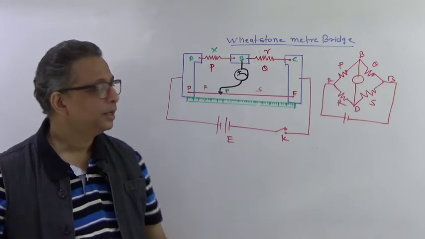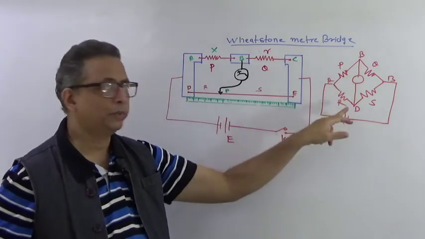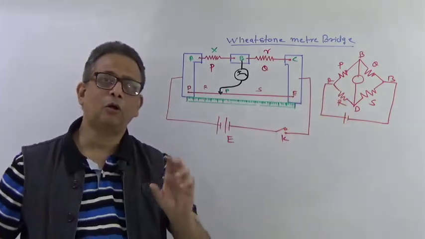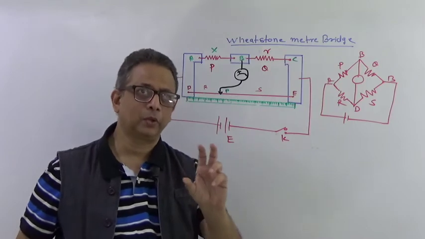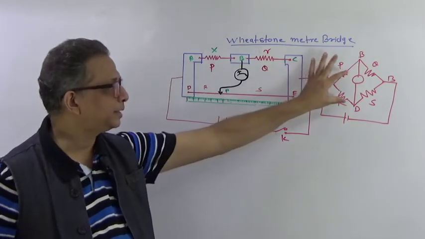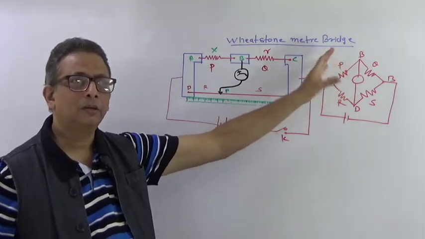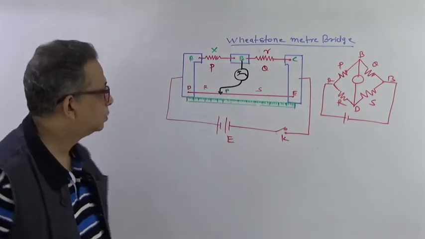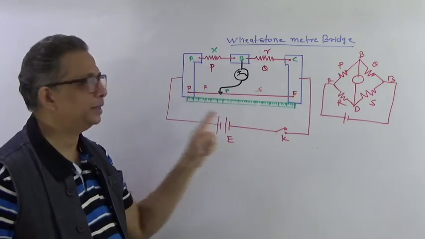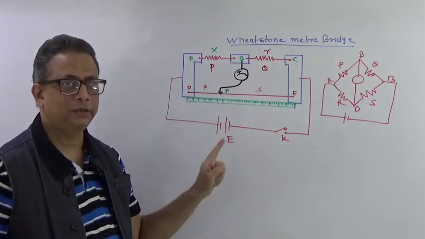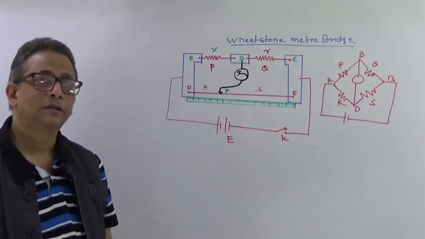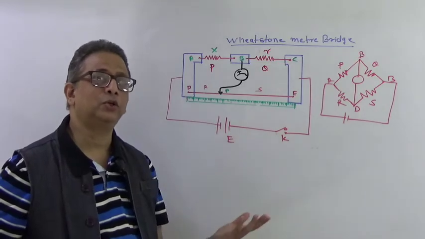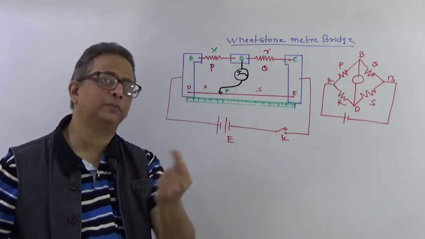But if a galvanometer is connected to measure the current, it also has its own resistance, so it not only acts like a resistance in that arm, it also shows the current flowing through it. When the bridge is balanced, the galvanometer current will show 0, and it will only happen at one particular point.